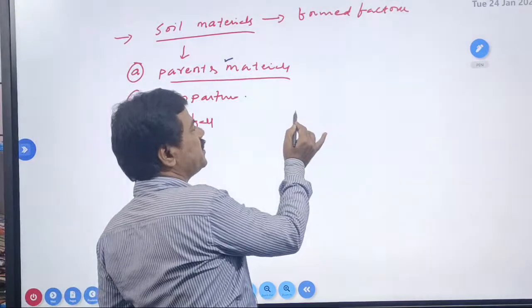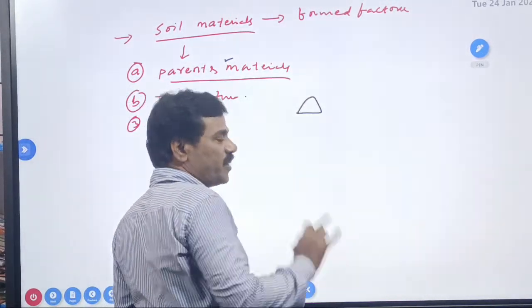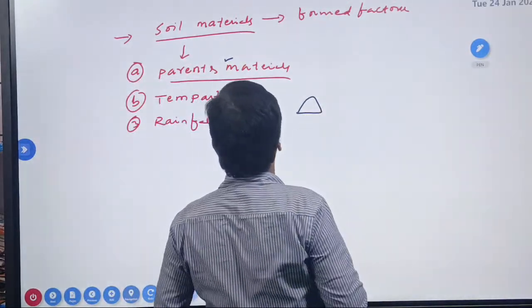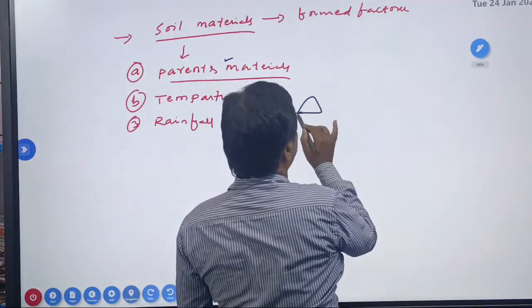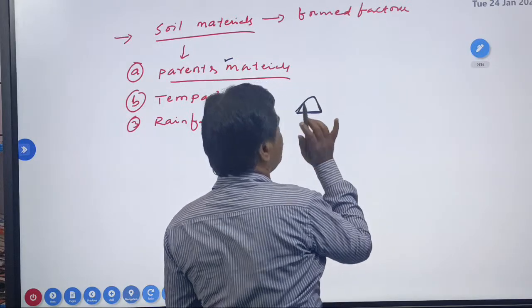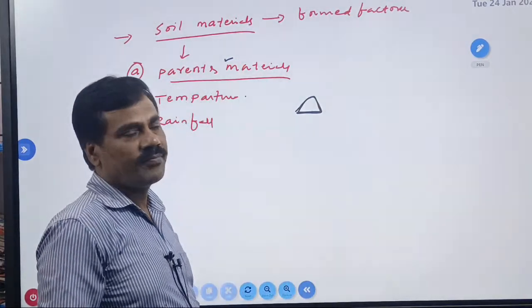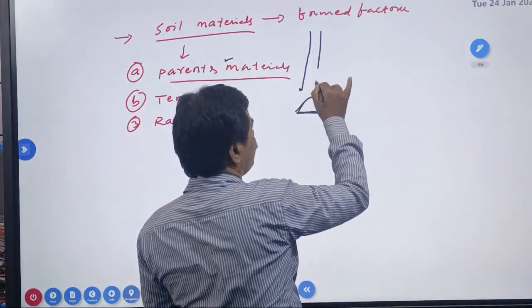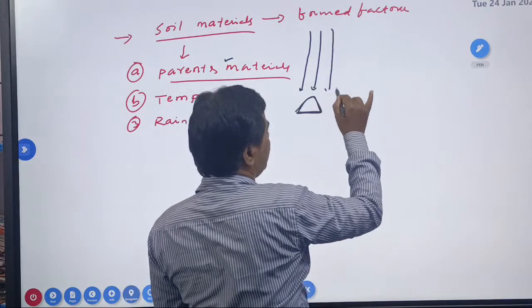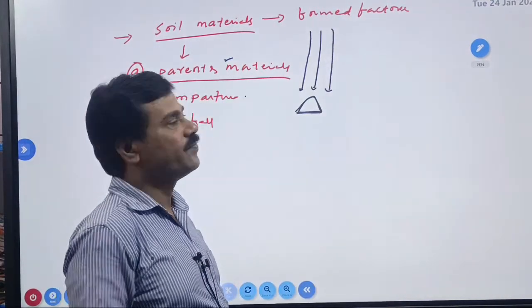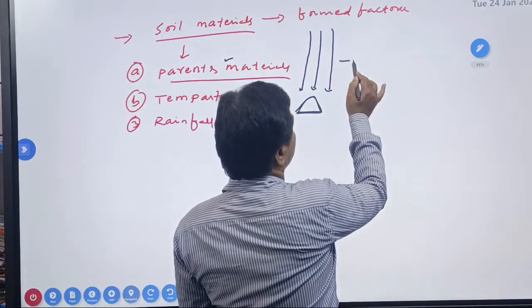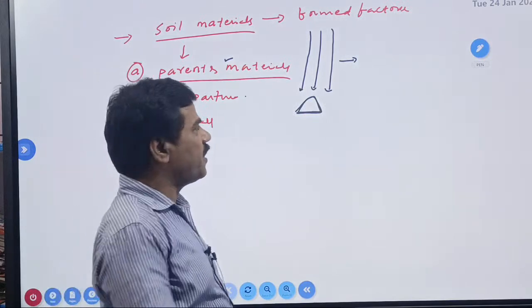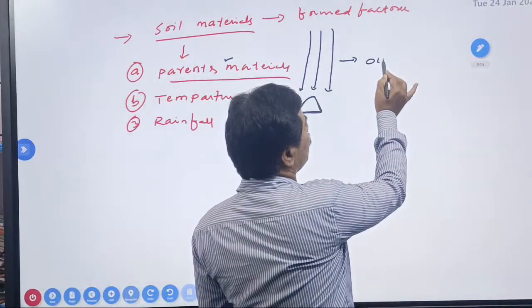Parent material means rock material. From any mountain region you can expect it. In the atmosphere there are outer forces. Which outer forces?